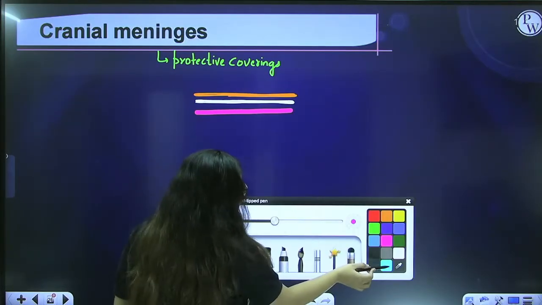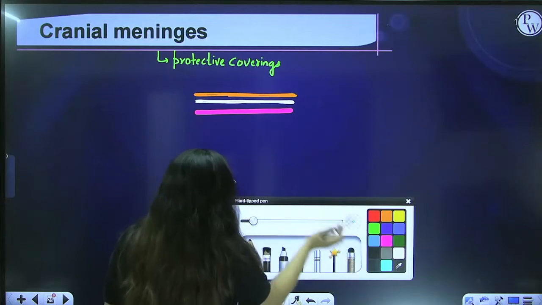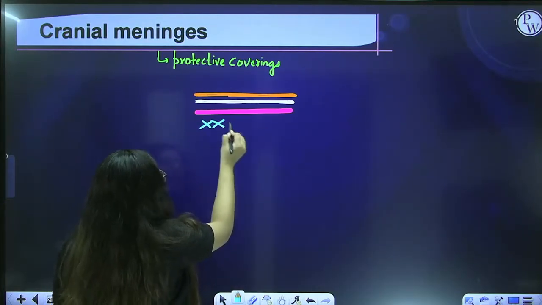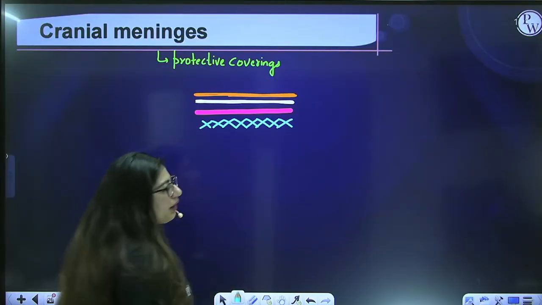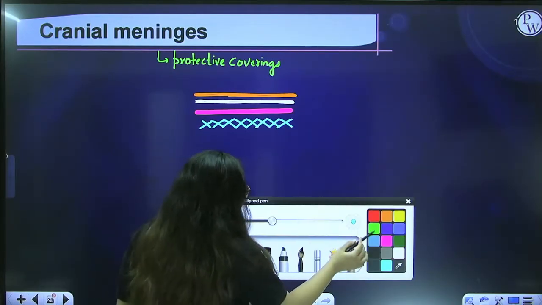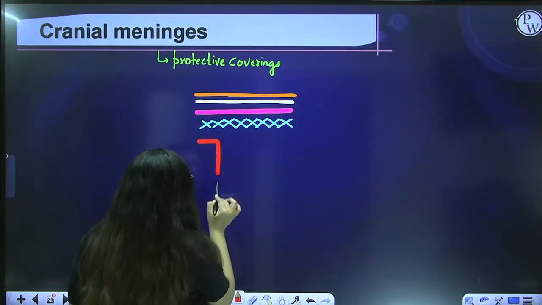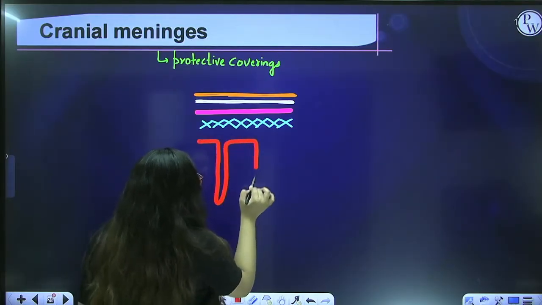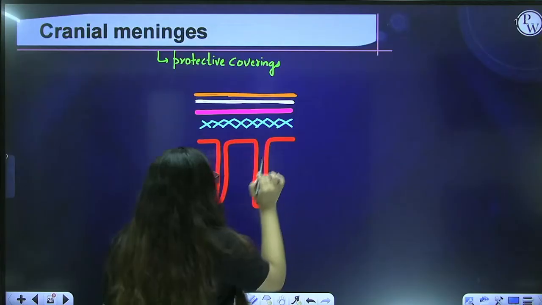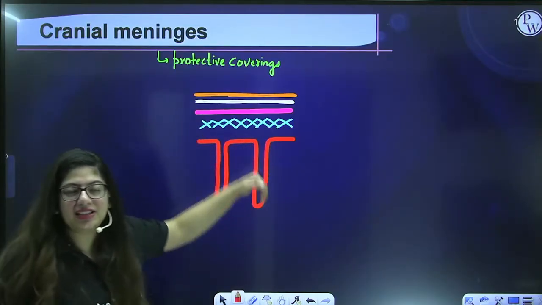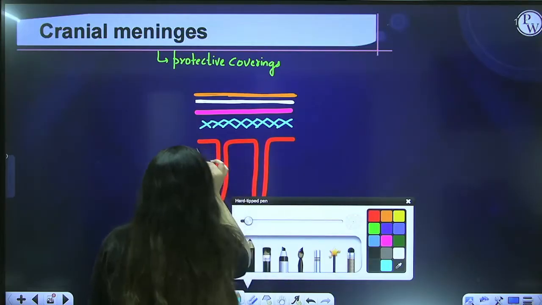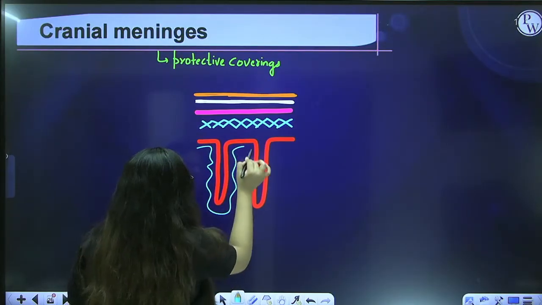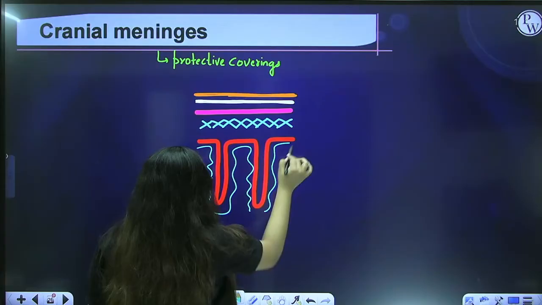Then comes the layer which is very thin and web-like, like the web of a spider. And then comes another layer which is highly vascular, and this dips deep inside the brain. Dips means to enter. It will enter inside the brain tissue. And imagine these are your brain tissues here.